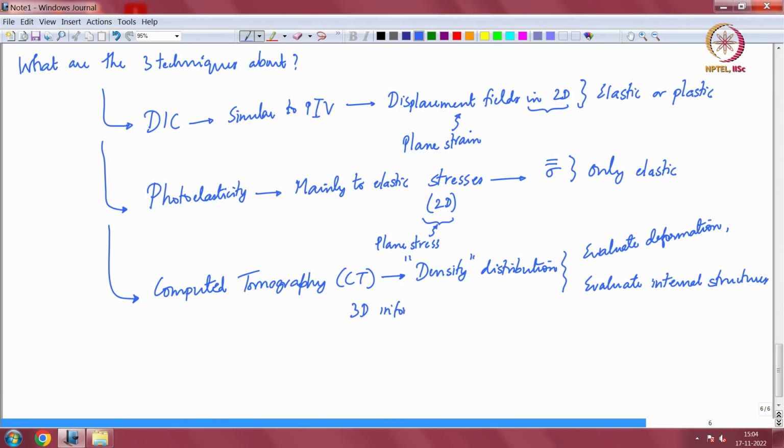So, you get full depth information once you run a single CT scan and evaluate the information. This allows you to evaluate internal structures, and by internal structures I mean things like pores, cracks, inclusions, voids and things like that.